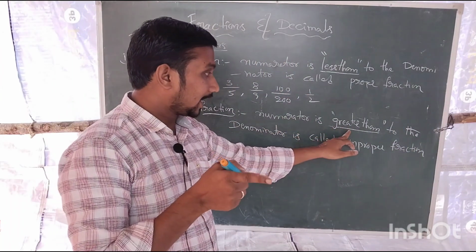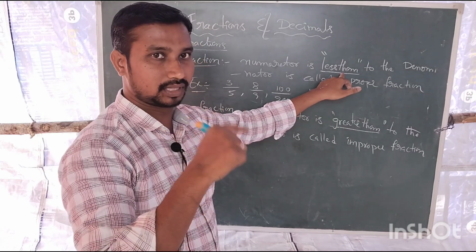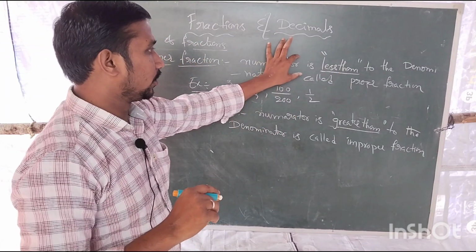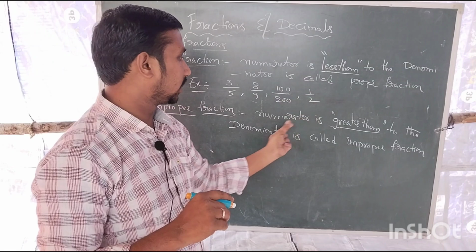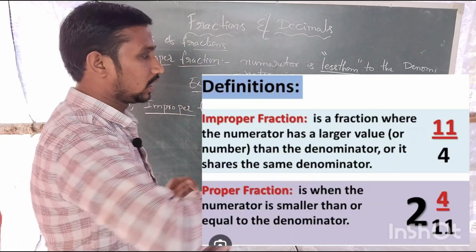Numerator is greater than, it is less than. Remember these two words, don't confuse here. Numerator is less than the denominator in a proper fraction, here numerator is greater than the denominator.